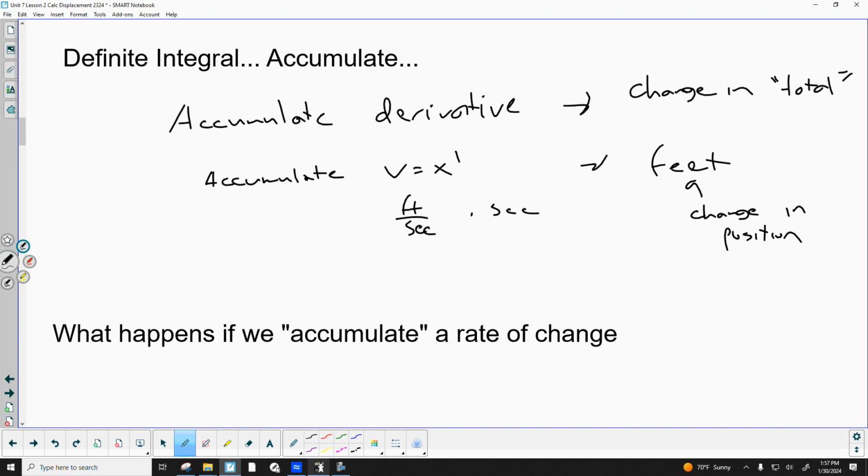Now here's the notation we will be using for accumulation. It doesn't make sense right now. It will next class. We're going to use a very tall, skinny s. Yes, it is an integral. But to my calculator, that integral doesn't mean antiderivative. To my calculator, that integral means sum up, add up, accumulate.